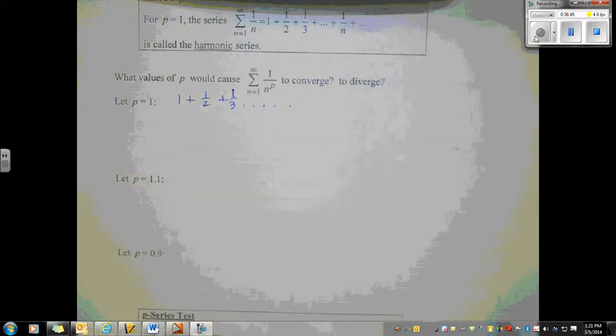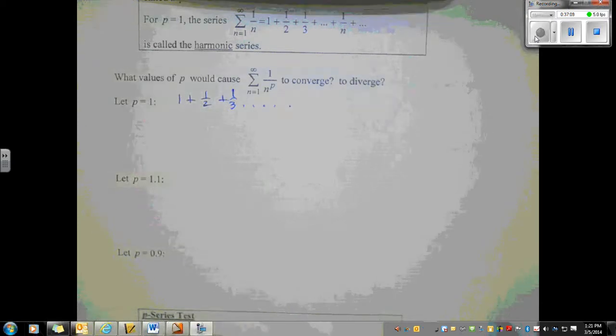First, do I have a geometric series? No, I do not. If I take the limit as n goes to infinity, what do I get? 0. So I can't use the test for divergence. Next, is it telescoping? No. So let's try the only other one we've got in our arsenal right now, the integral test.